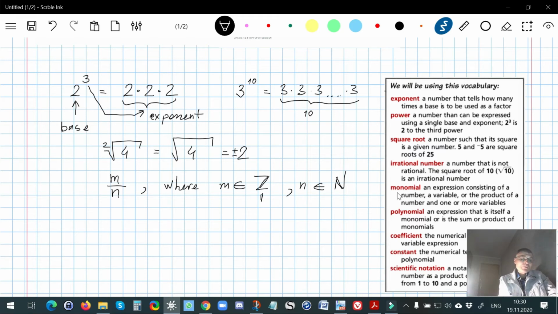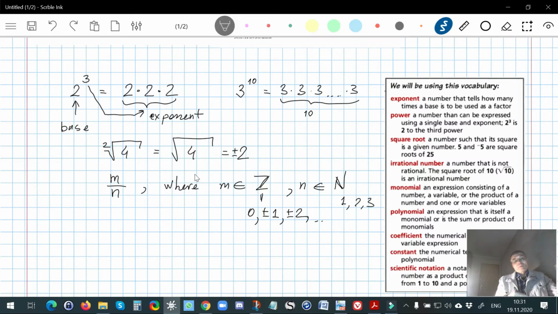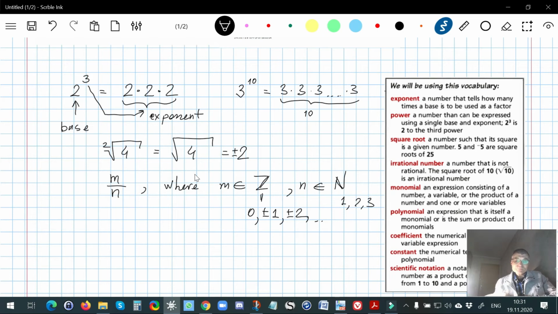Whole numbers are 0, plus minus 1, plus minus 2, and so on. Natural numbers are just 1, 2, 3, and so on. So we can't express any square root which can't be calculated like that. For example, the square root of 2 is not a rational number.